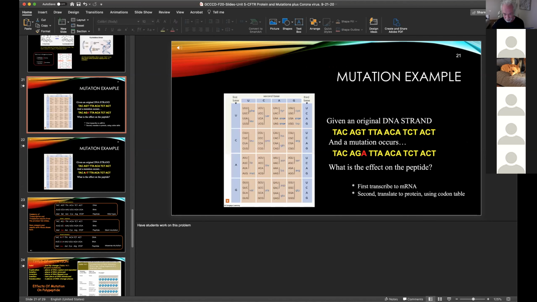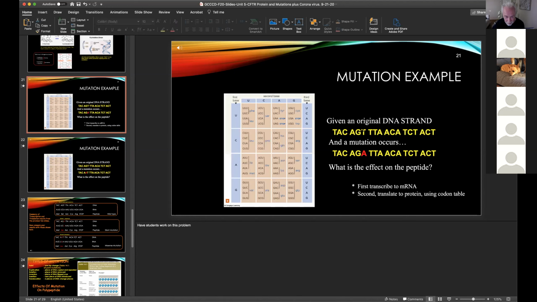So let's take a look at the effect of mutations. This is another example. We went through one of these earlier, but in this case, we're going to talk about the effect of a mutation. The top in yellow is the DNA sequence of the original strand, and a mutation occurs.